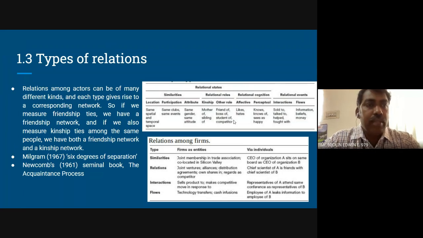When you take relations among the actors, they can be of many different kinds, and each type gives rise to a corresponding network. When we measure ties, they are the links between actors or people.